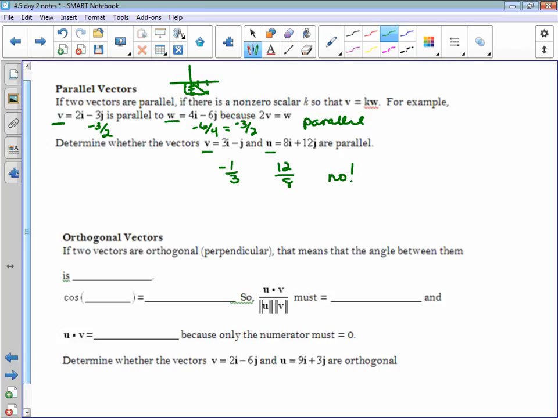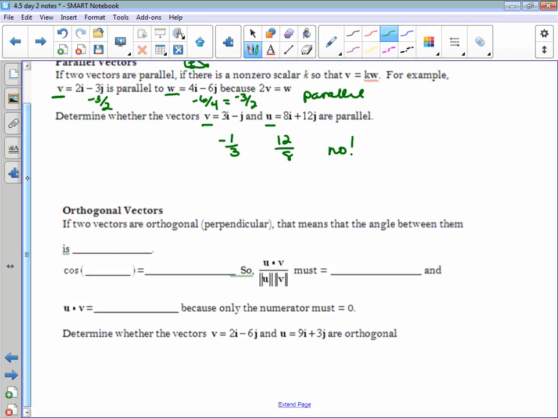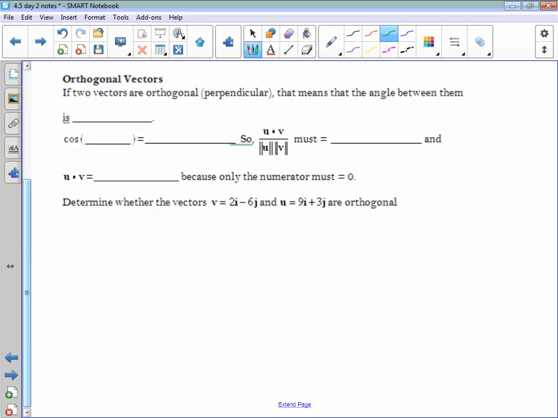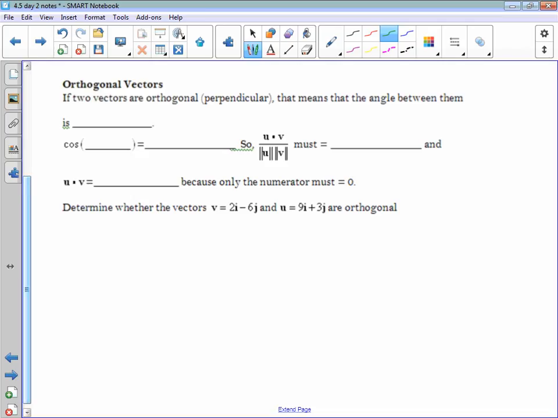All right. So let's look at orthogonal. There's 2 ways to do orthogonal. First one, we're going to think about if lines are perpendicular. What's the angle between them? 90 degrees. So what is the cosine of 90 degrees? 0.